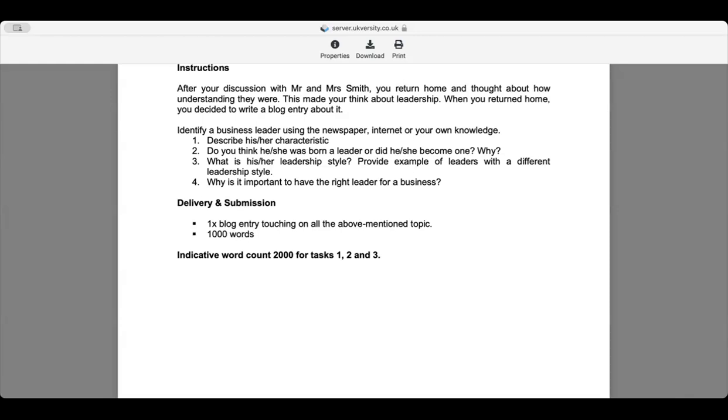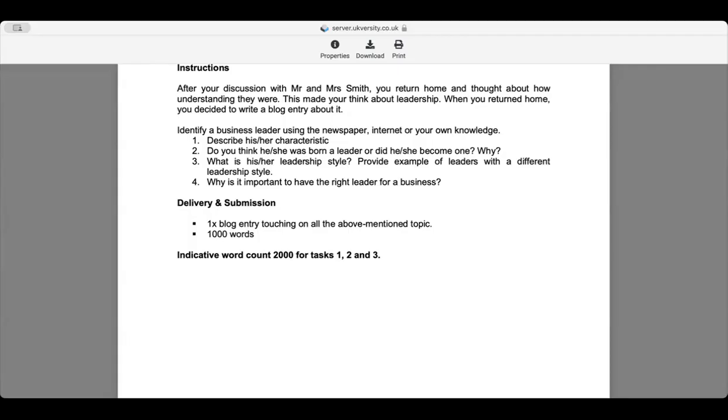So describe the leader's key qualities such as vision, decision-making skills, communication ability, and innovation. Provide examples of how these traits have helped them succeed. Describe whether leadership is an inborn trait or developed over time. Provide evidence from the leader's career journey to support your arguments.